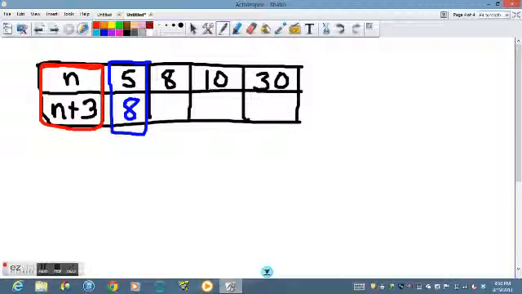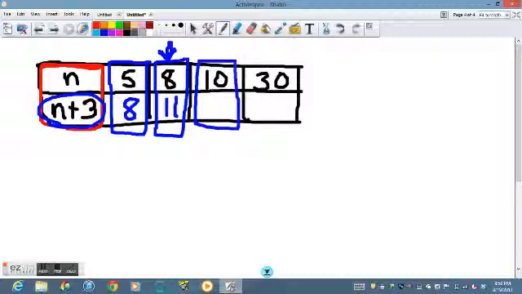Now in the next column, my n is 8. To figure out the number that goes underneath this 8, I know that the bottom number is always n plus 3. So if my n is 8, it's 8 plus 3, which is going to be 11.